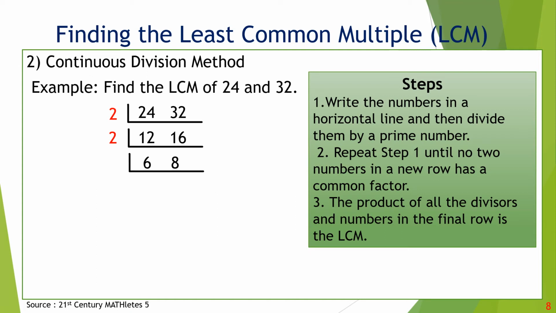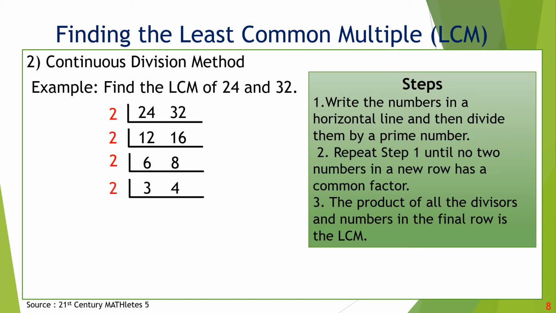So, 6 divided by 2 is equal to 3. Then, 8 divided by 2 is equal to 4. Okay. So, since ang 3 at saka ang 4 ay hindi siya divisible pareho, but still ang 4 ay divisible pa siya ng 2. So, i-divide po pa rin natin po siya.